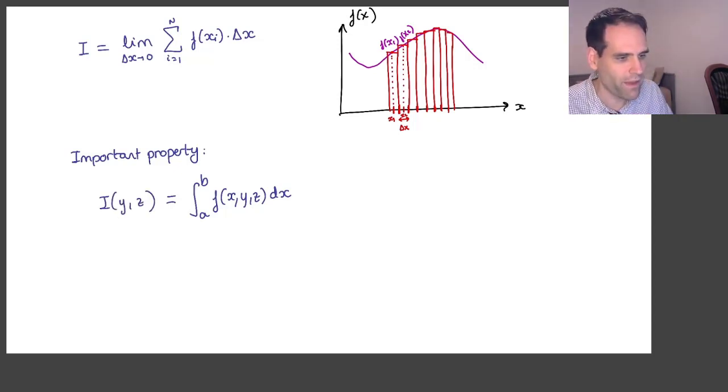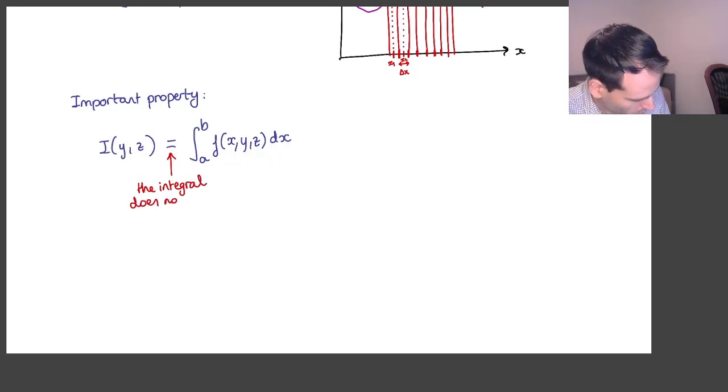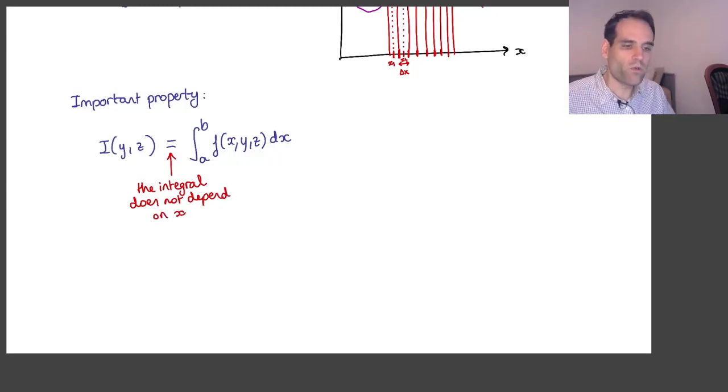It does not depend on x. Let me write it explicitly. Or in other words, when you integrate with respect to a variable, this variable disappears. Let me illustrate this with a very simple example.